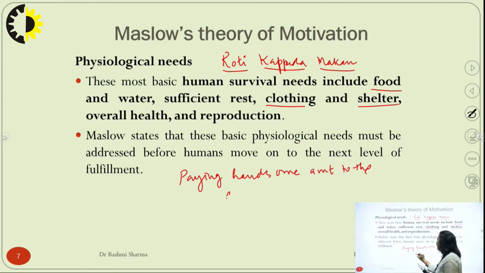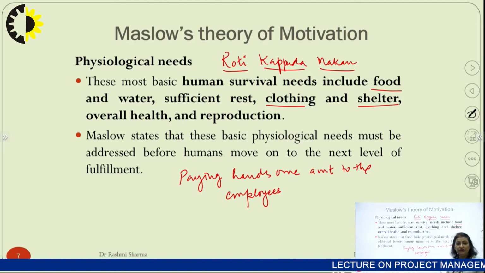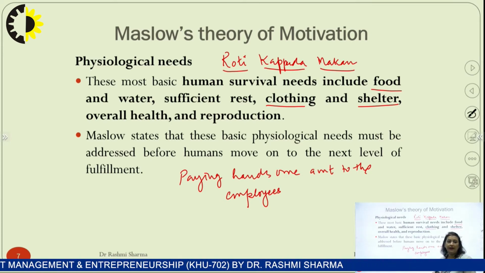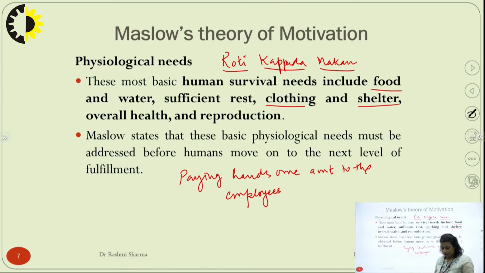So when we are paying a considerable amount of salary to an employee, then the employee would be satisfied with these needs. When they are satisfied with the needs of food, clothing and shelter, and the overall things are at a specific standard, then that employee remains motivated to work in the organization.